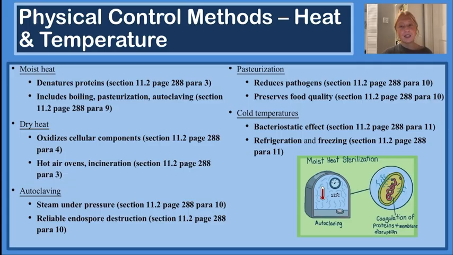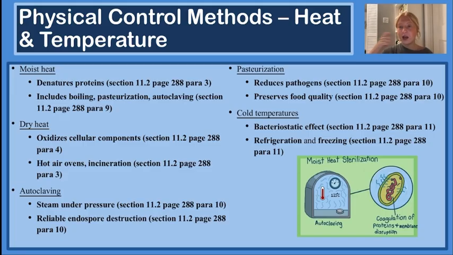Methods like boiling, pasteurization, and autoclaving all rely on this principle, but they differ in intensity and their applications. Dry heat is different because it kills microbes by oxidizing cellular components, which damages membranes and proteins, but it generally requires a higher temperature and longer exposure times to be effective.